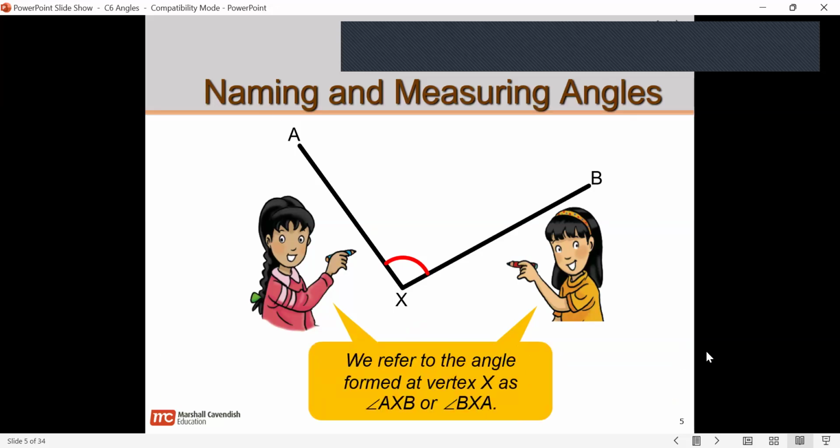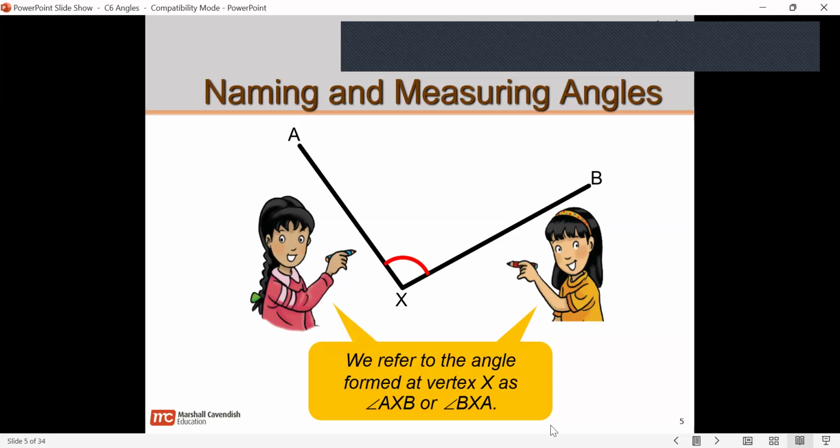We refer to the angle formed here as angle AXB or angle BXA. You need to be able to read this. If you like, you read it loudly. If you don't like to read it loudly, then you read it softly in your brain and in your heart. The angle formed at the vertex X is known as angle AXB, angle BXA.